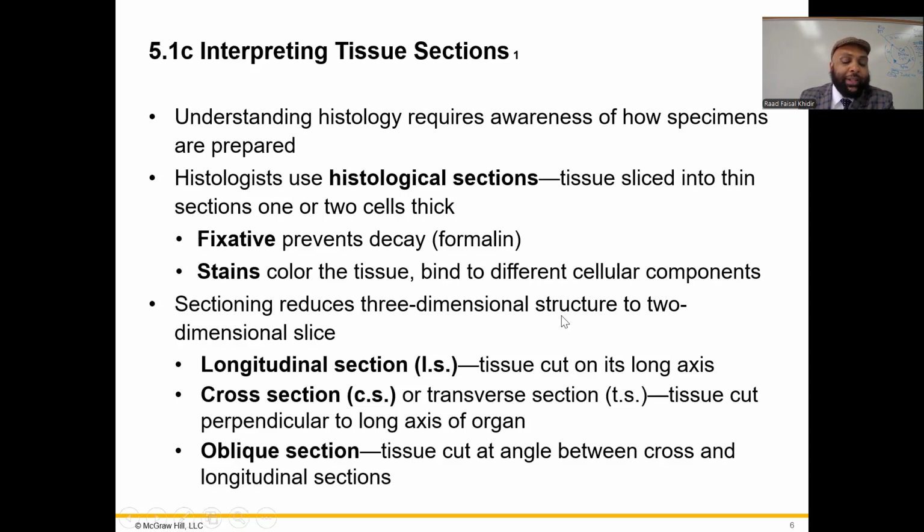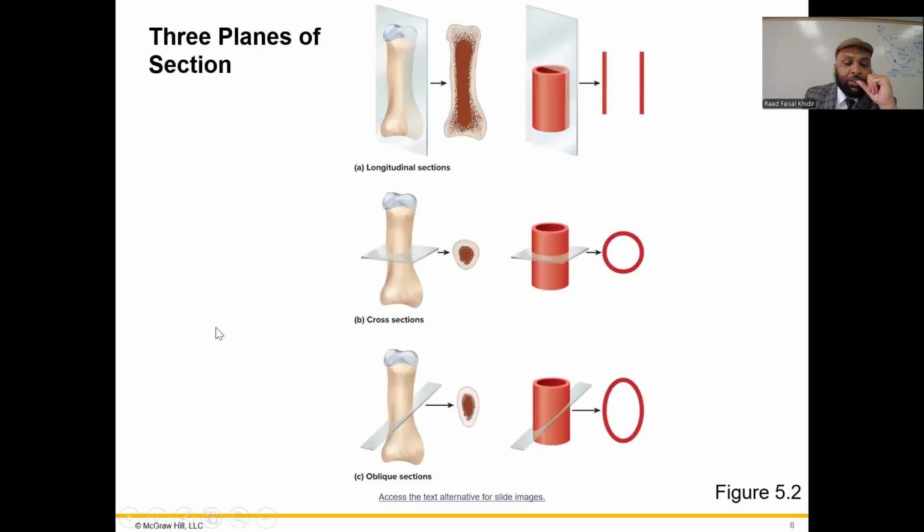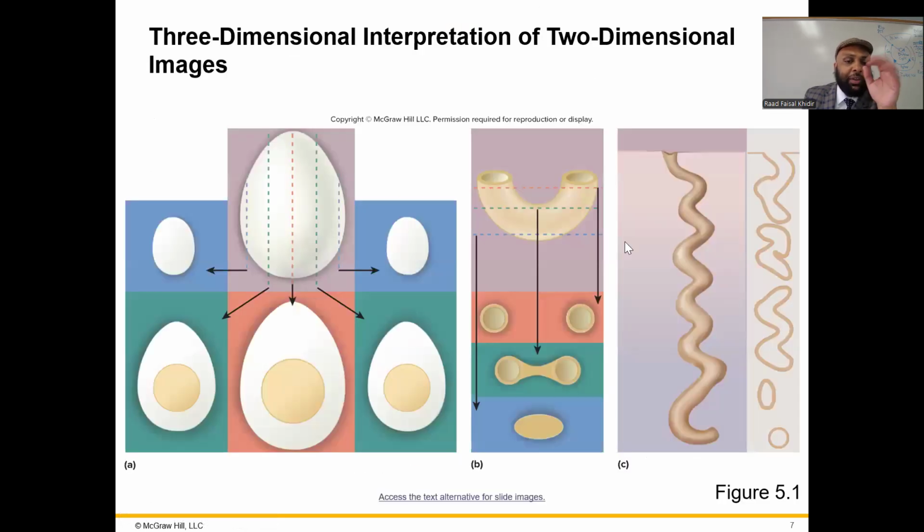There's an oblique section, and that is tissue cut at an angle between the cross and the longitudinal section. I did not ask you about that on the exam at all, but this is just to show you that you can never examine a tissue from one perspective and see all about it. You can never have one dimension.